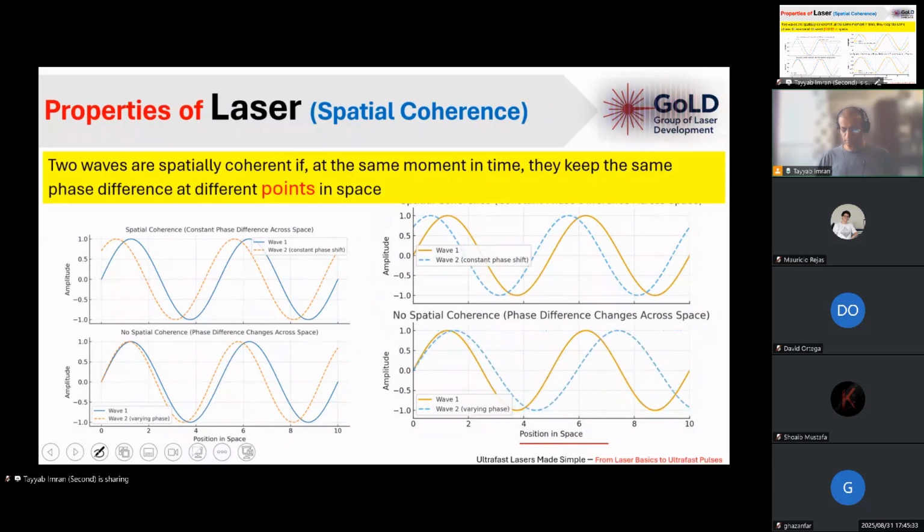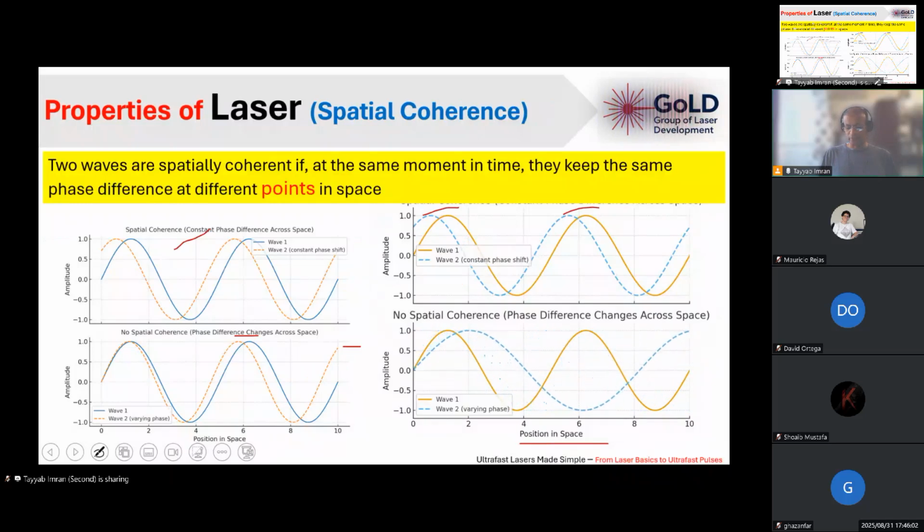Here you can see with respect to space, or the x-axis, the two waves are shifting from each other. There's no time here, only space. Here they are perfectly coherent. Here as well. And here you can see the shift.